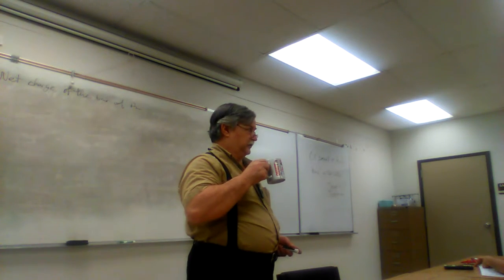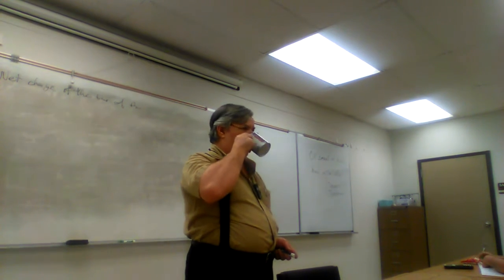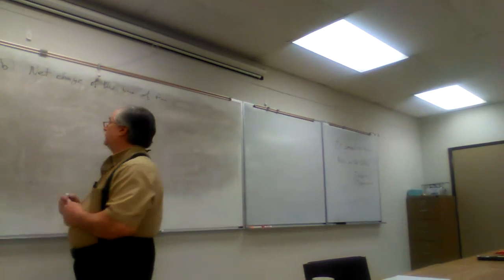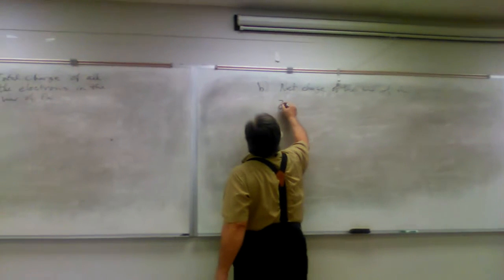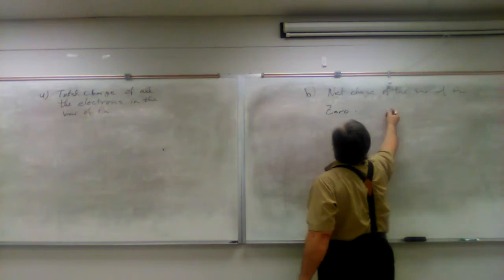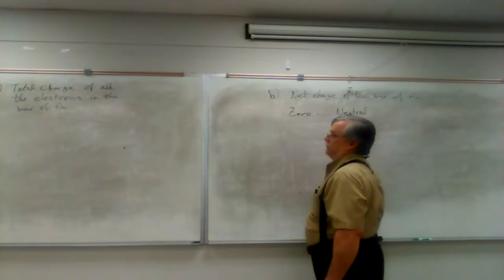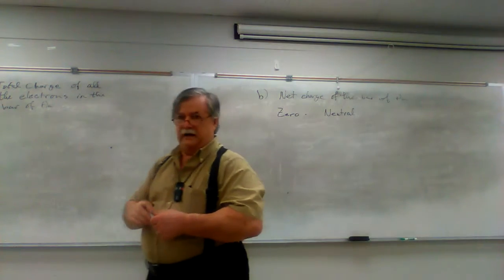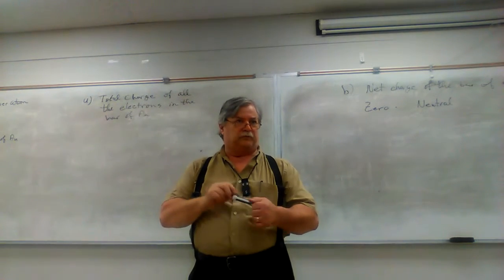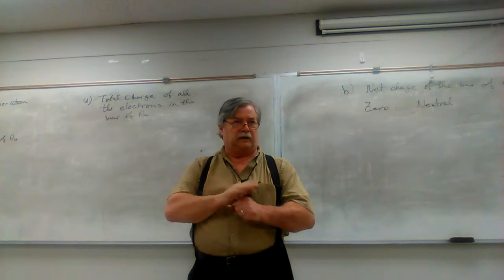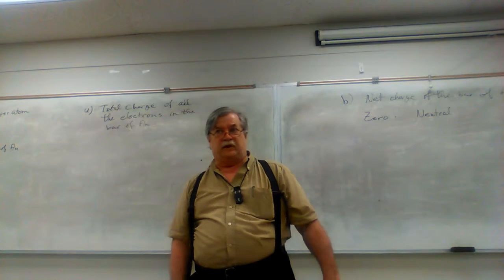It has the same number of protons as it does electrons. So the net charge is 0. It's neutral. If you added some electrons, or if you stripped some electrons away, then it would have a net charge.